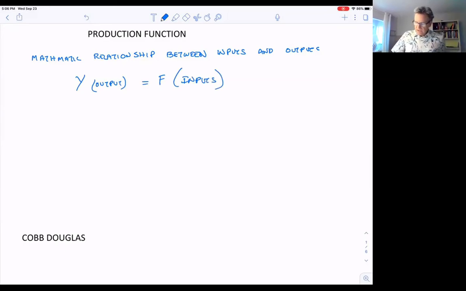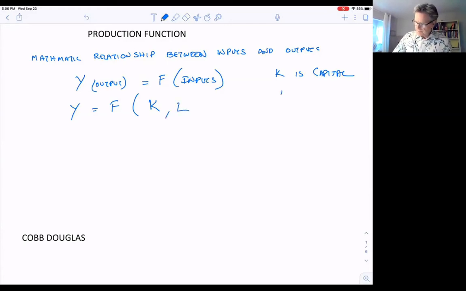So we can write this generally as Y is some function of those inputs, which are capital, K. So K is capital. And when I say capital, I mean physical capital. It could also be software too, which really isn't physical, but we'll put it in the category of capital.